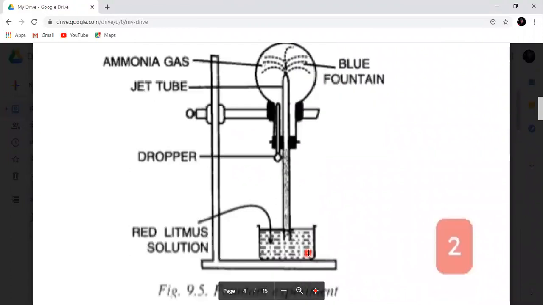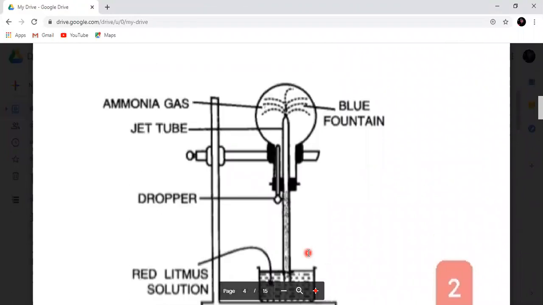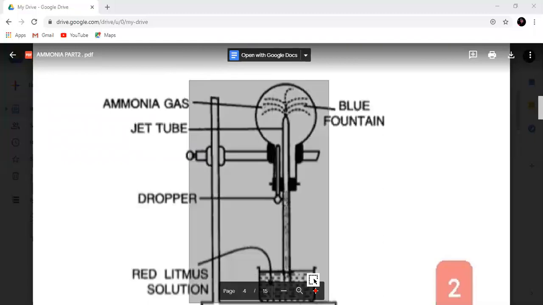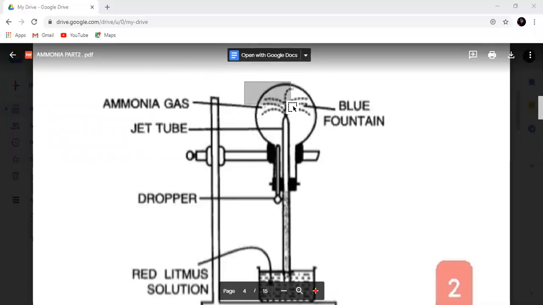Now, the setup of the fountain experiment is before you. The whole setup is held by a proper stand, as shown. A round bottom flask is being used, which is inverted.